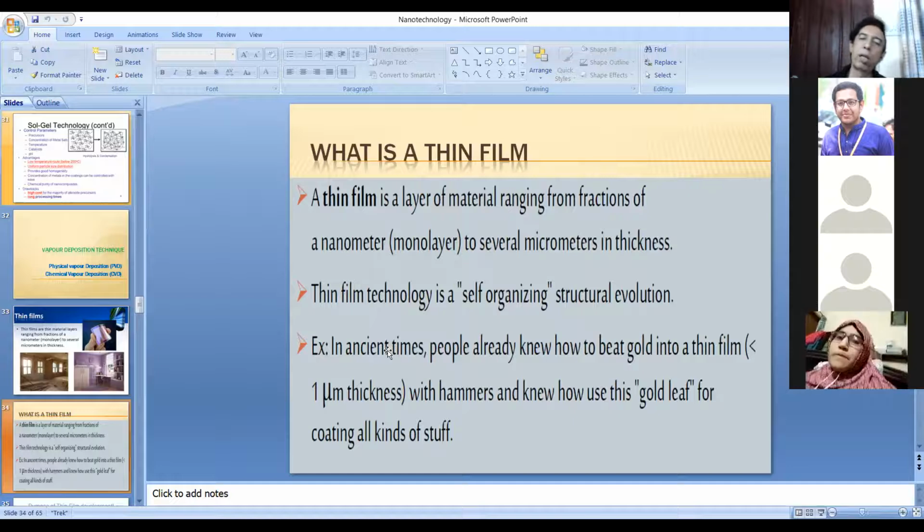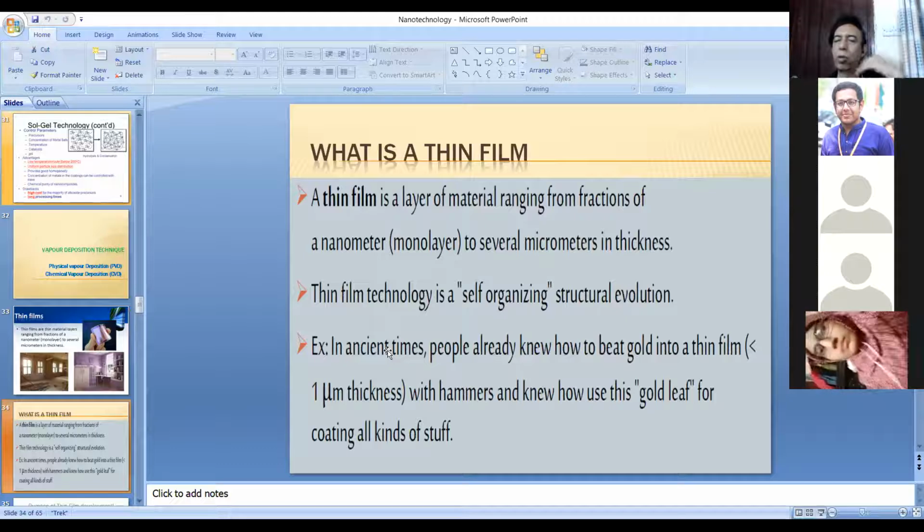They made gold thin film to make any material look golden. They made a thin film of gold on a substrate. So this preparation of thin film is known from the ancient times.